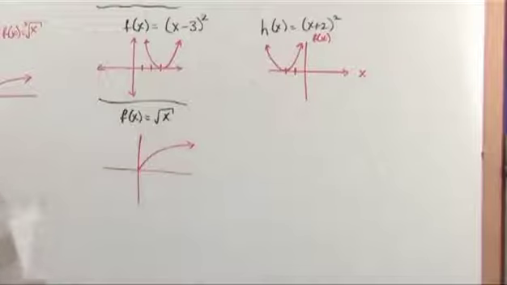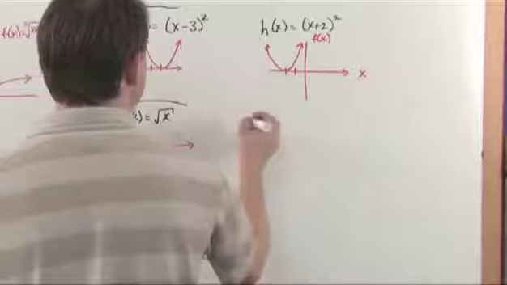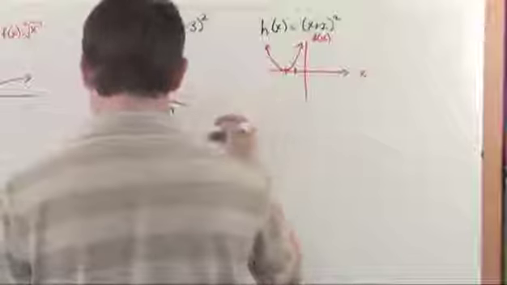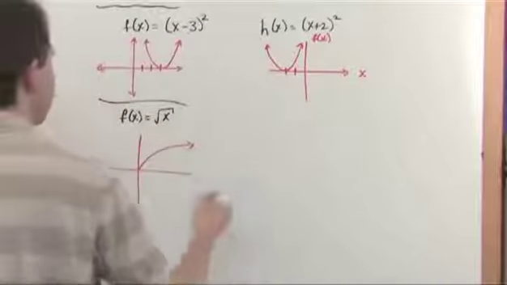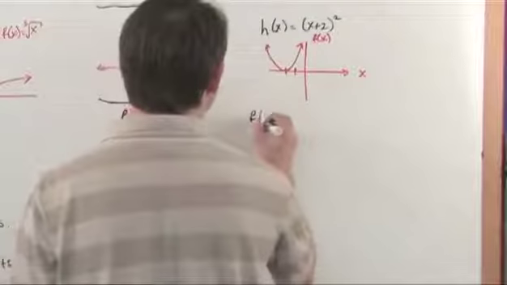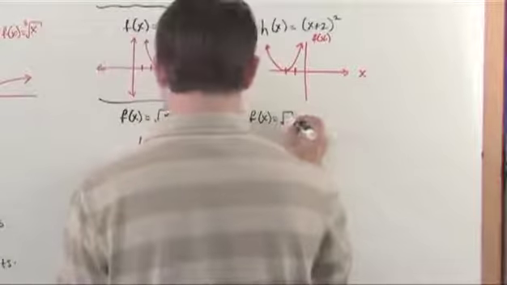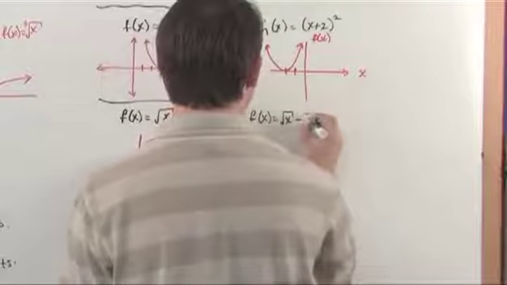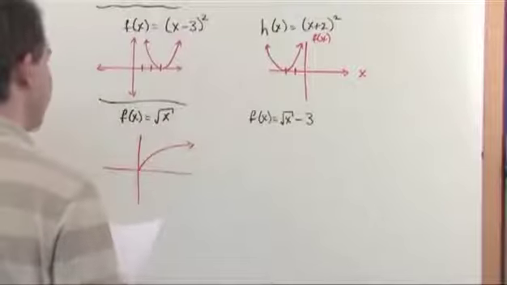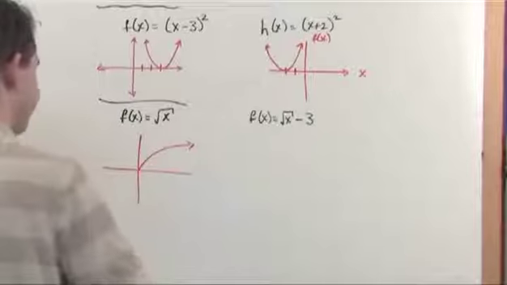The square root of x just looks like that. Now, if a little bit later they ask you, okay, now we're going to shift this a little bit, why don't you graph for me f of x is equal to square root of x minus 3. Square root of x minus 3. How would you graph that?